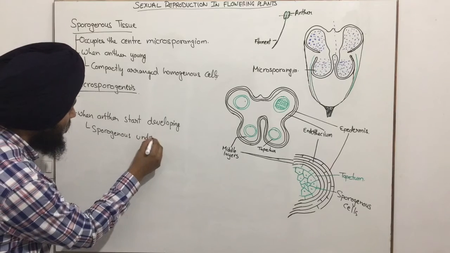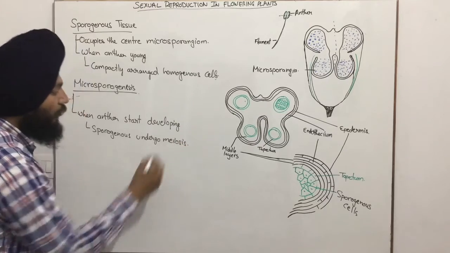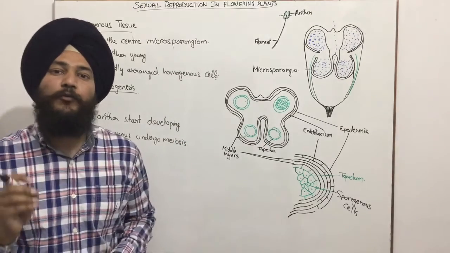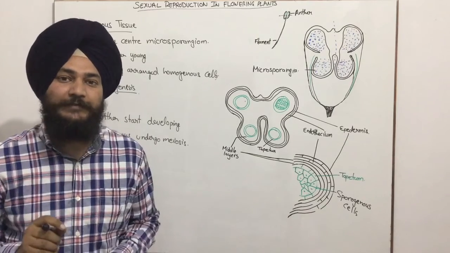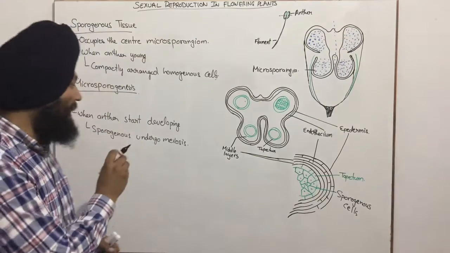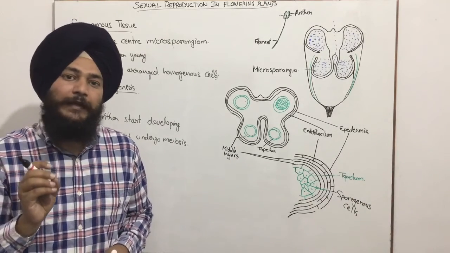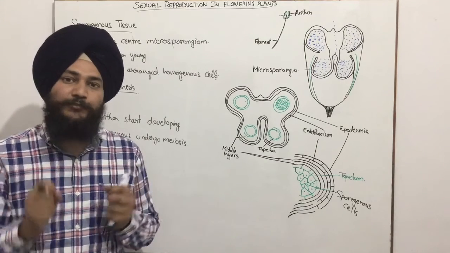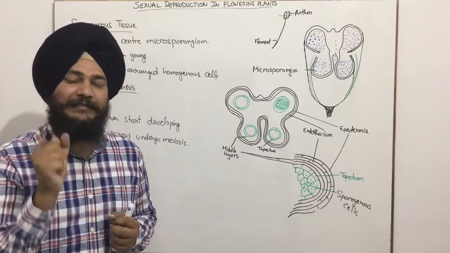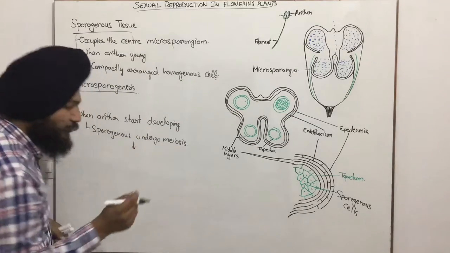We know that when a cell undergoes meiosis, a single cell produces 4 new cells, and in this case these 4 new cells are called the microspores. And as each cell is producing 4 new cells, these 4 new microspores are arranged in a group, so it is called the microspore tetrad.